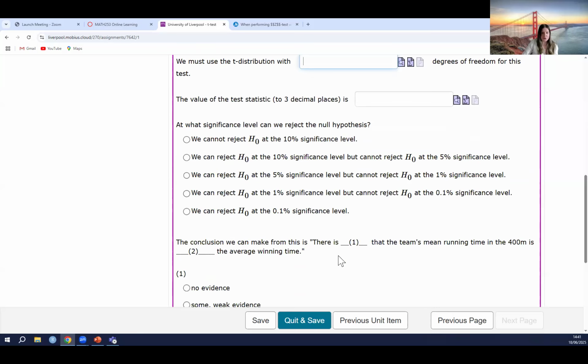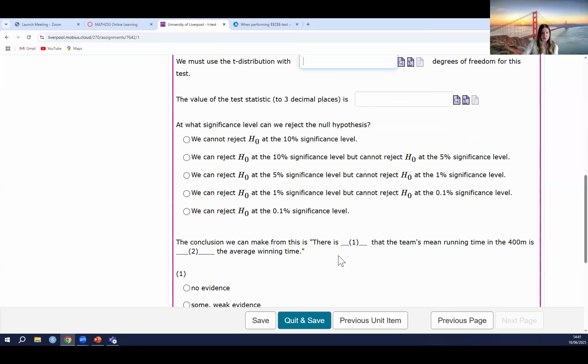So the hypothesized mean changes, the X-bar changes, the sample standard deviation changes. And again, they can try as many times as they want until they're confident that they're able to do it. So that way they can really practice hypothesis testing.